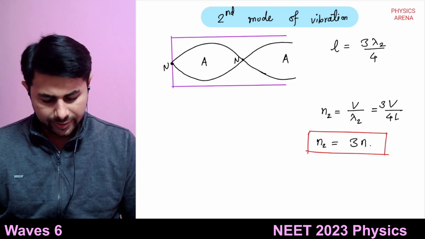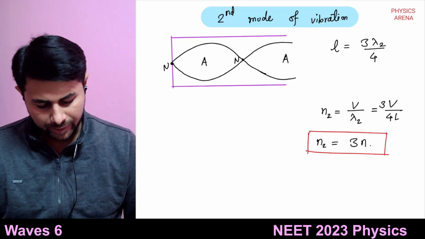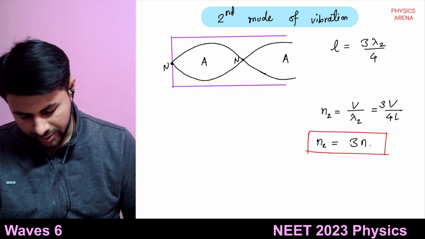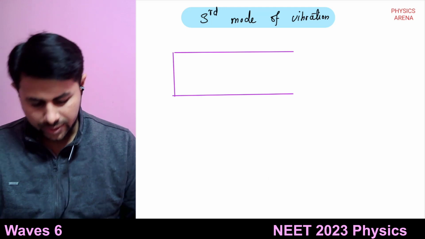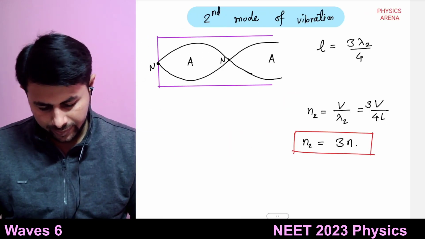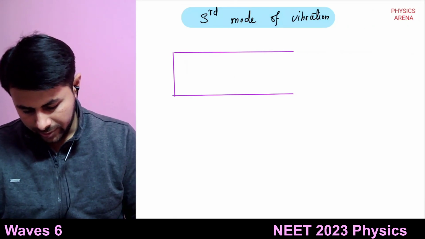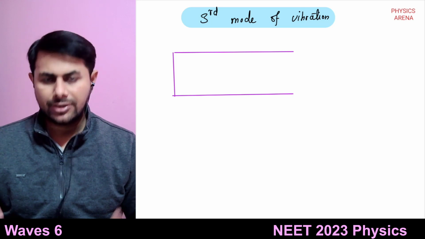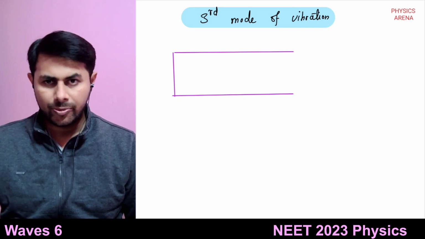Similarly, we can take the third mode of vibration. For the case of the third mode, this is the pipe. The length is the same, right? So now what will happen? The frequency of this mode would be more.